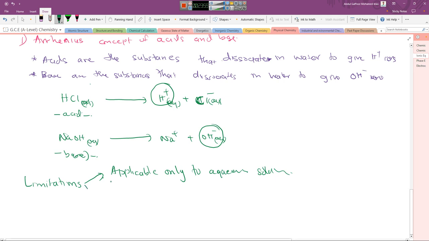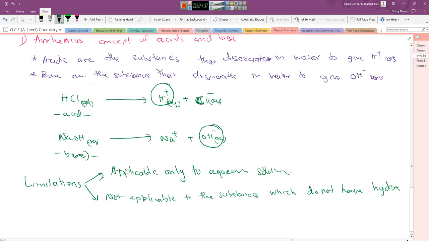And the major limitation is that they are not applicable to the substances which do not have an OH group, the hydroxyl group.